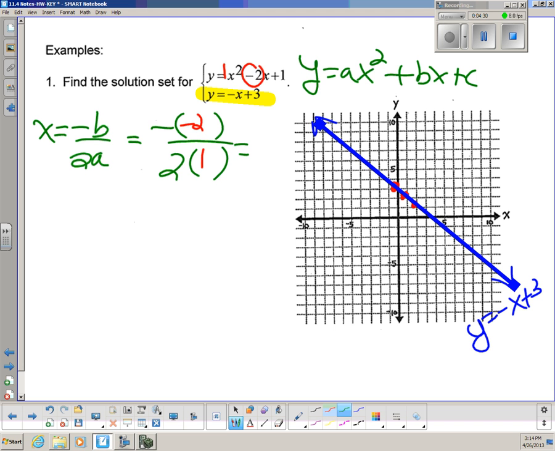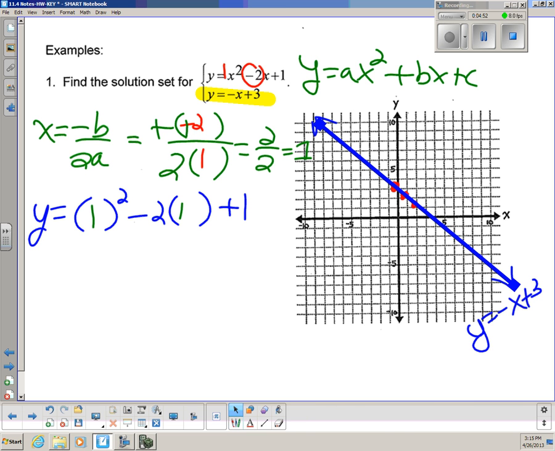When the math gets done here, you're going to get 2 over 2, or the x-coordinate being 1. So right now the x-coordinate of the vertex happens to be 1. We've got to find the y-coordinate. The only way to find the y-coordinate is to go through the problem, and everywhere we see an x, we need to plug in that value of 1.